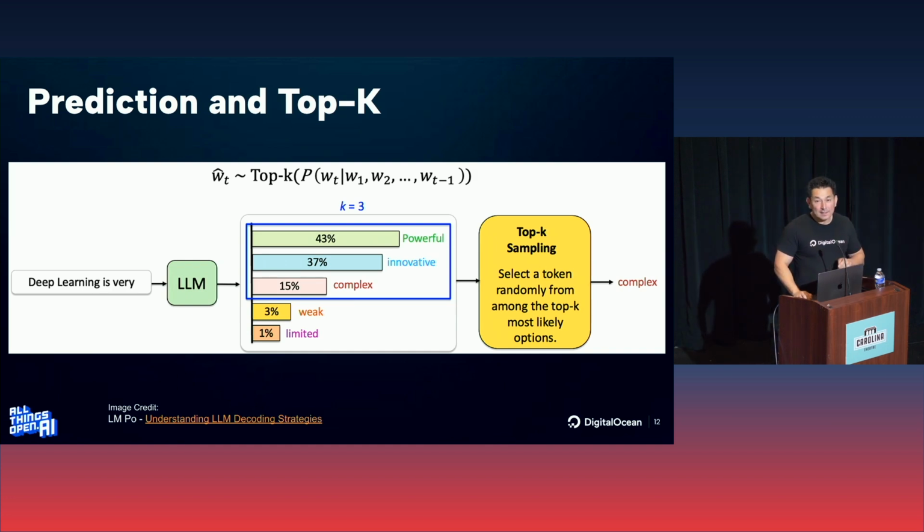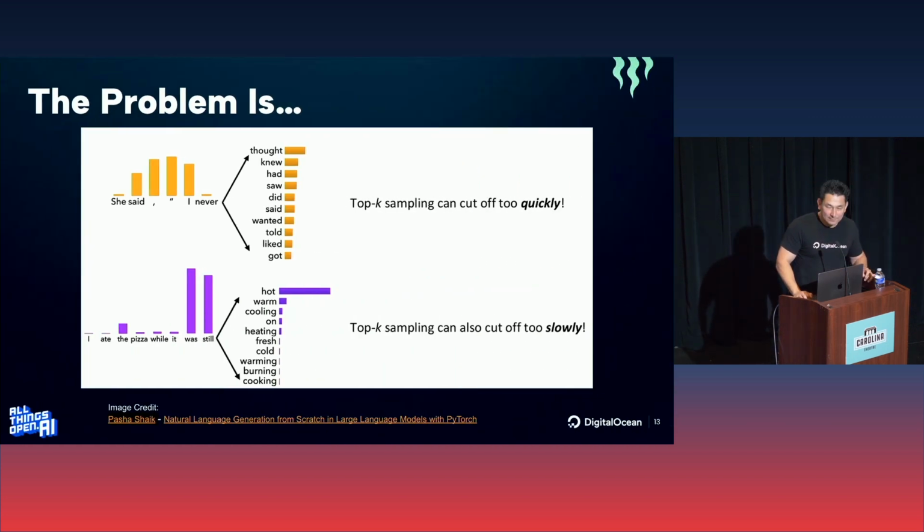So to take that example and make it far more concrete, in the top picture here, if we had a top K of 10 and we have "she said, comma, quote, I never," these are the top 10 tokens.